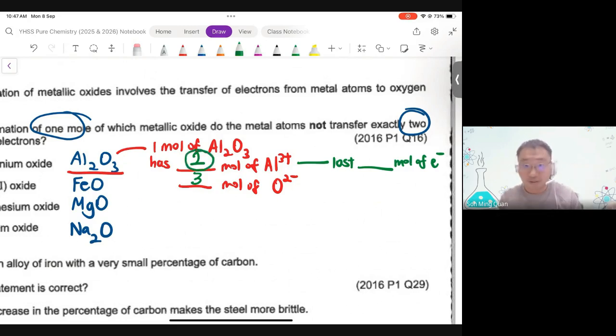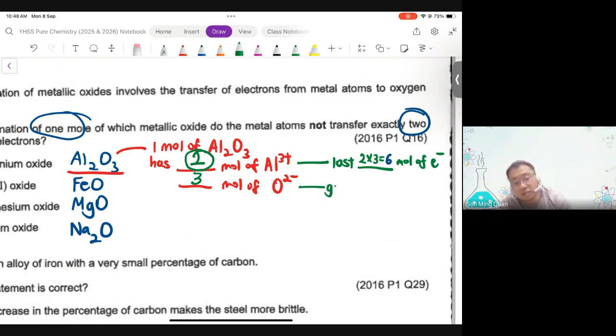If I have 2 Al3+, that means it lost 2 times 3, 6 moles of electrons. It must mean that each Al3+ lost 3 electrons previously to form Al3+. I have 2 Al3+, that means it lost 6 moles in total.